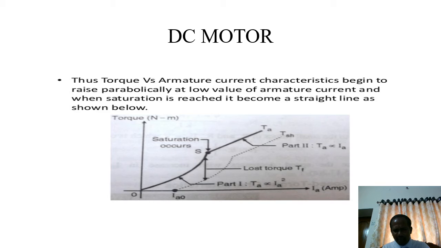When reaching this point, the armature current is large, flux phi is constant, so torque is directly proportional to the armature current, and then we get a straight line. This point is called saturation. Beyond saturation we get a straight line of torque versus armature current, because the flux phi is constant.